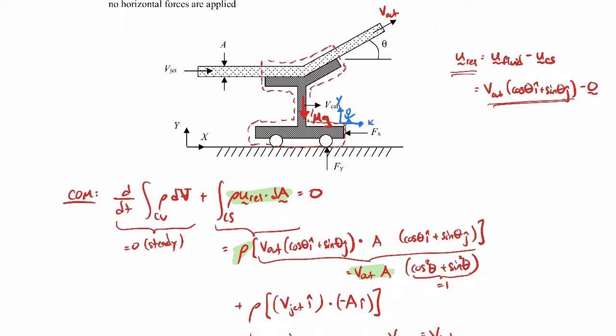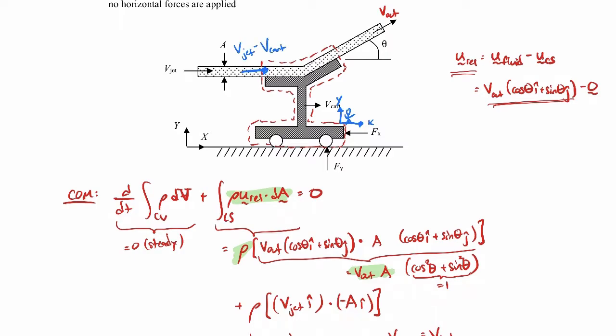Let me erase a few things. All right. So the velocity coming in here using this coordinate system will look like the speed of the jet. Remember, this is with respect to the ground. Now the cart is moving at a velocity v cart. So the velocity coming in here will look like v jet minus v cart.